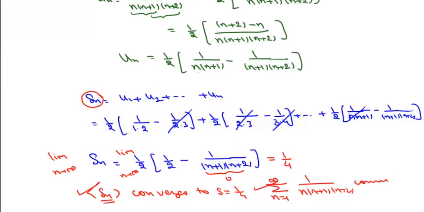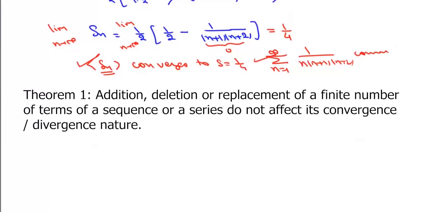Now, before we begin our discussion on various tests to find convergence of series, there are two theorems that we must know. Theorem 1: the replacement, addition or omission of a finite number of terms from an infinite series has no effect on convergence.